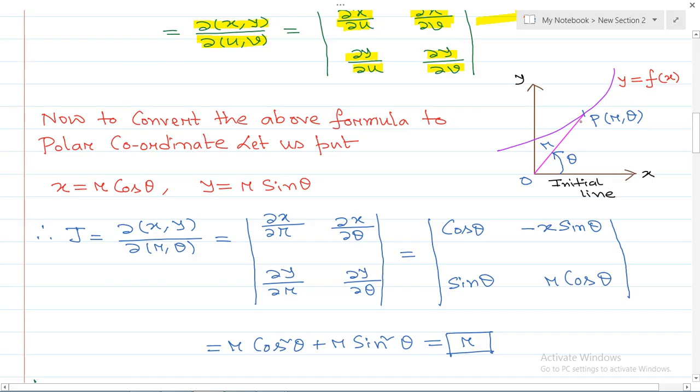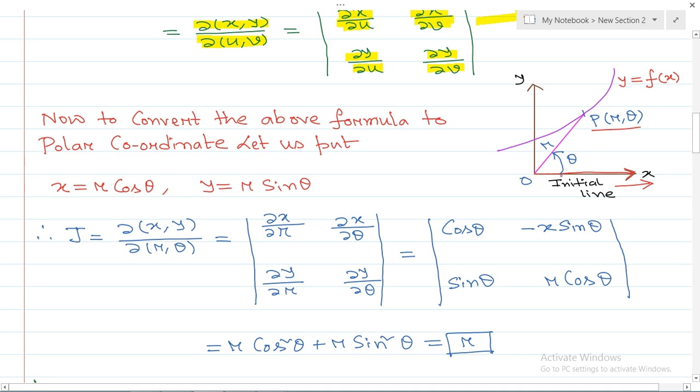Now if we want to change it into the polar coordinate system, along the x-axis we have to consider the initial line, that is an overlapping line with the x-axis only, because in polar coordinate system we are having only one axis, that is known as the initial line. It will start from O. Now if we take any point on the curve for polar coordinate system, the point has the coordinate P(r, theta).